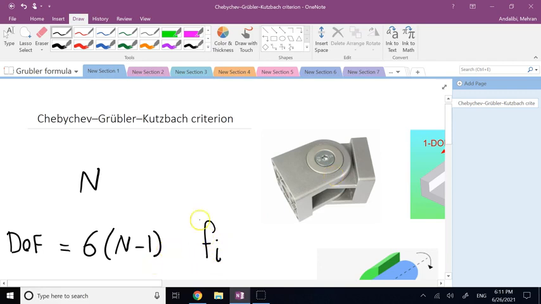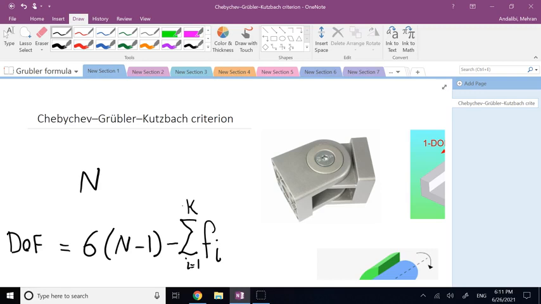So if you sum all of these over i, where i goes from 1 to k, let's say you have k constraints in the system, and subtract this from the total available degrees of freedom, that is your overall degree of freedom for the system, or we call it the mobility of the system. Okay, we also have that name for it.